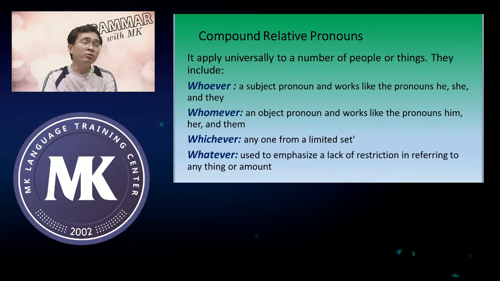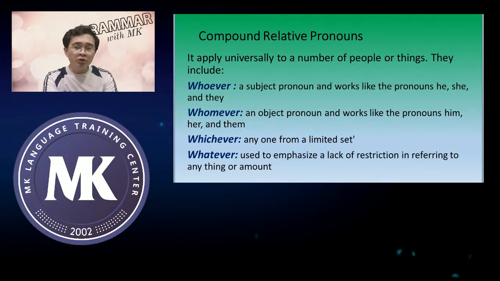So for whoever, we use this for a pronoun that we can interchange with he, she, or they. But for whomever, we use it for pronouns that we can interchange with him, her, and them. This one is a little bit high level, but don't worry, I know you can do it if you study harder.